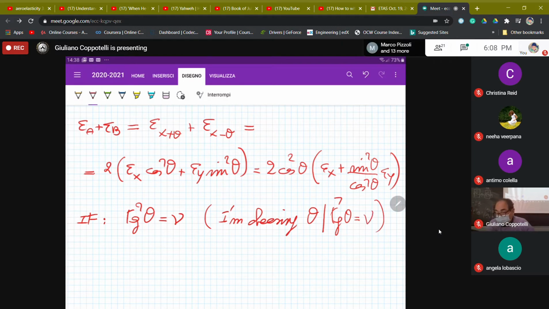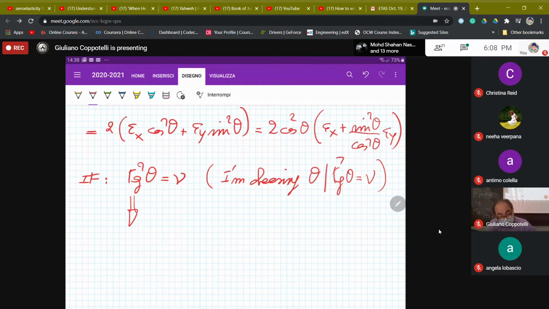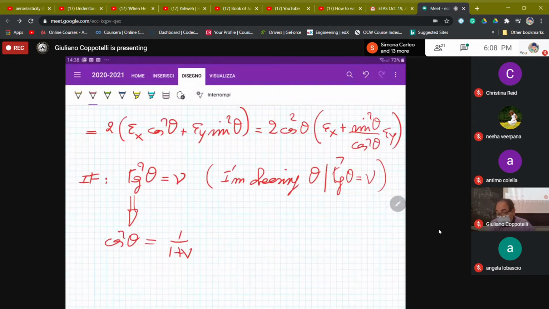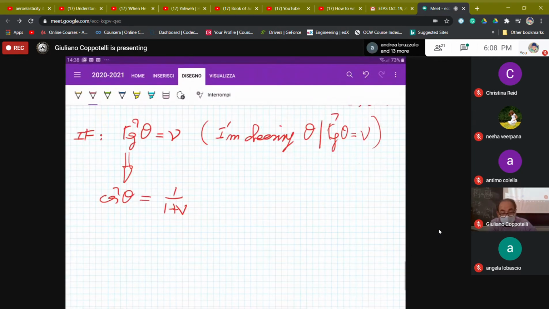If that is true, then the cosine square of the angle theta is just equal to 1 over 1 plus the Poisson ratio. And thus the sum of the two measurements, epsilon A and epsilon B, is equal to 1 plus nu epsilon x plus nu epsilon y.